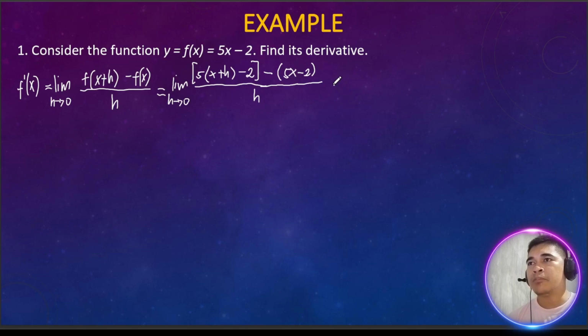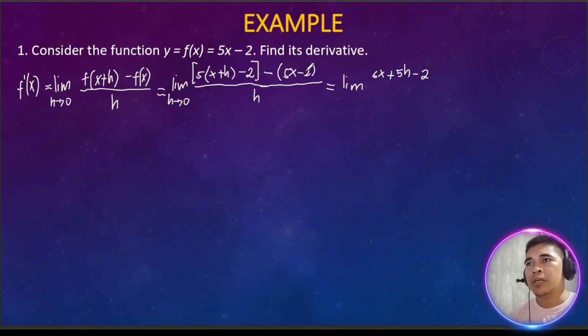Next is simplify. Limit. So 5 times x, we have 5x, plus 5 times h, we have 5h, minus 2.